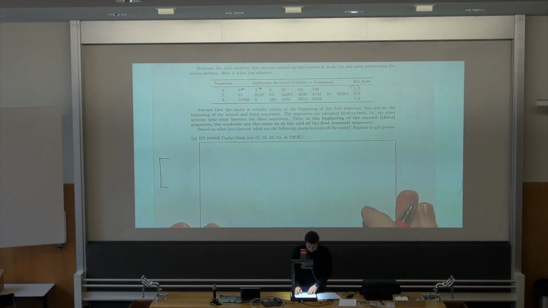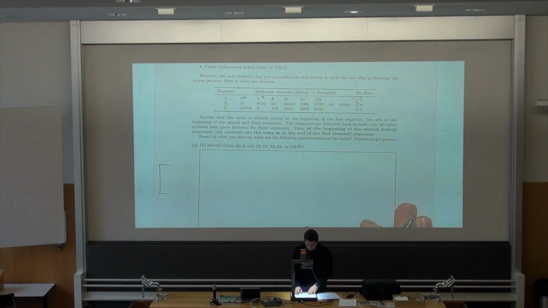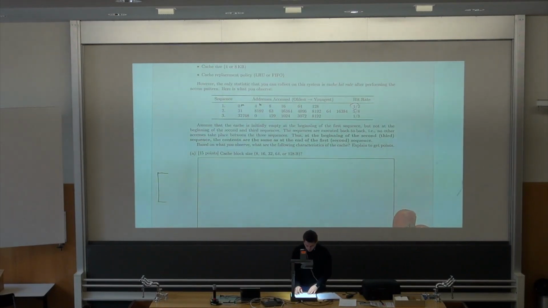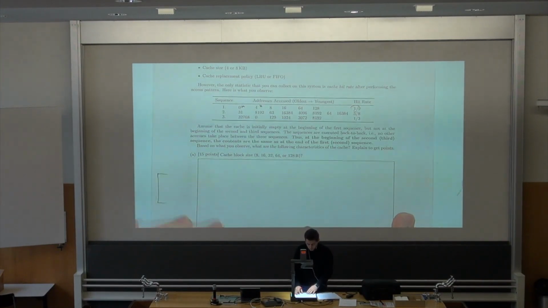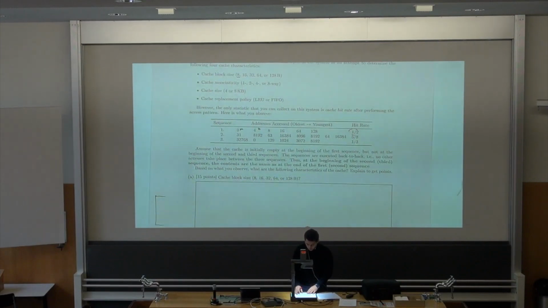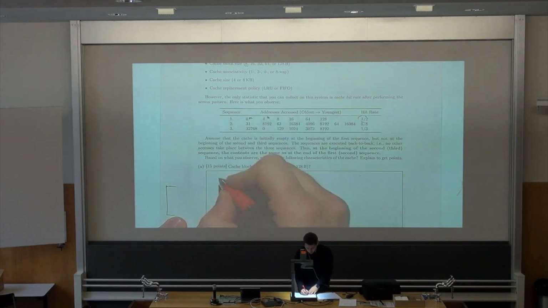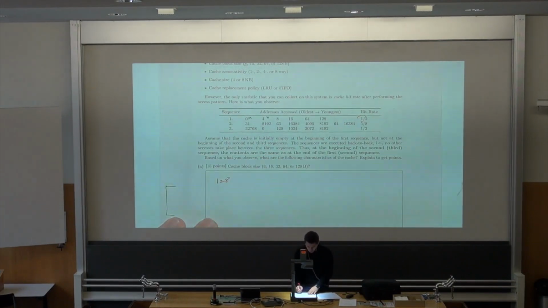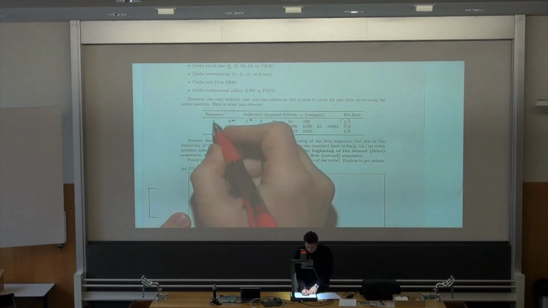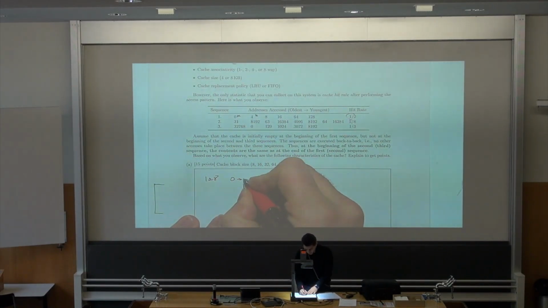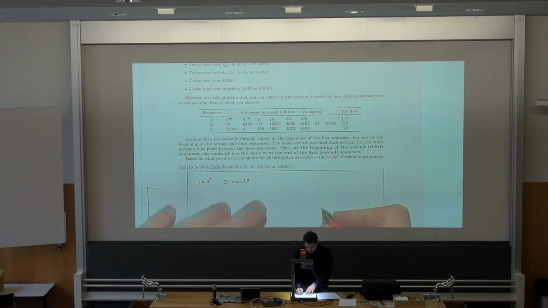For the first question, we need to figure out the cache block size. For this one, we can try brute force and try each of the options. Let's first assume that we have a block size of 128. If that was the case, then for the first sequence, 0 will always be a miss. So this is our first miss.